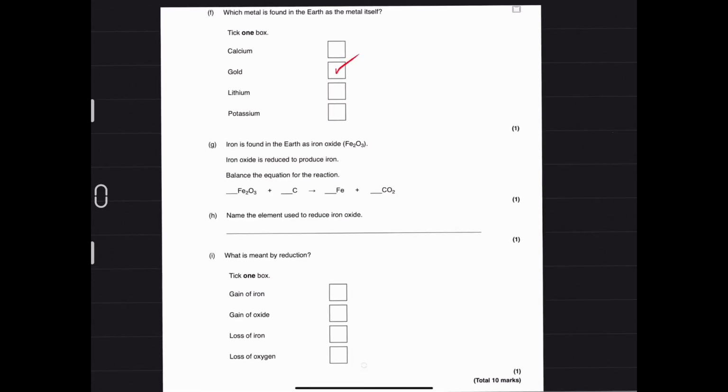And we would say it's gold. Now you notice these are different questions from different years, so different past papers, and you can see how the questions are repeating themselves in a similar pattern. So this is why it's important that you do go over past paper questions.